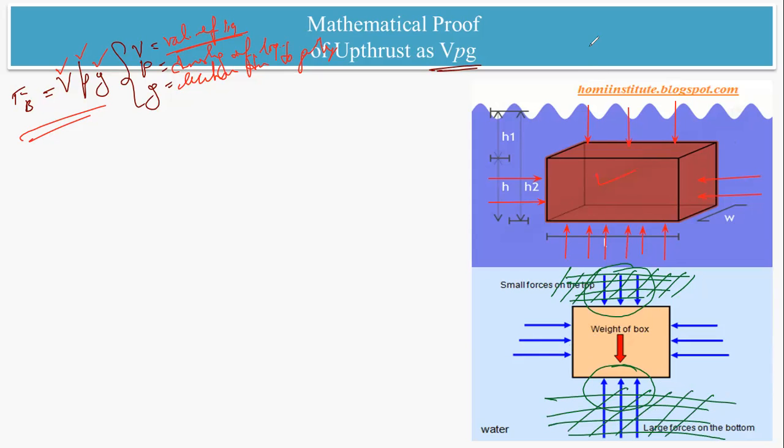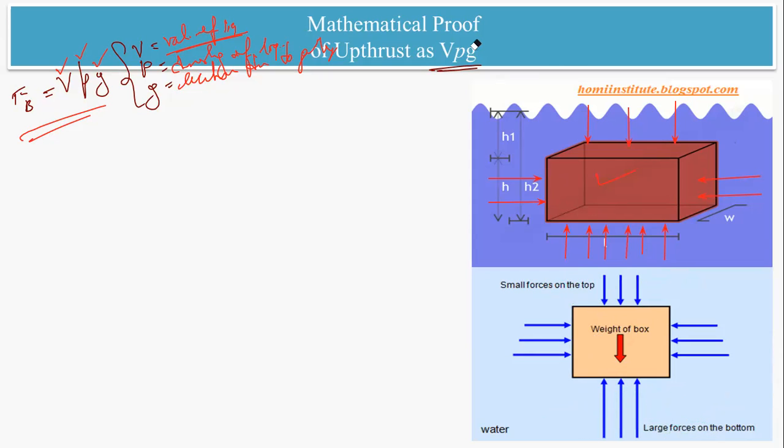So if we observe, we can make this assumption: when the object is submerged in a liquid, at that time the amount of water at the top is comparatively less than the amount of water at the base. So over here we will observe that the base of the object is experiencing more force than the force experienced by its upper part.